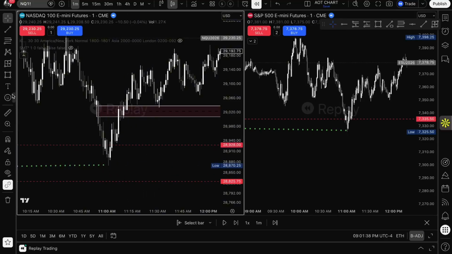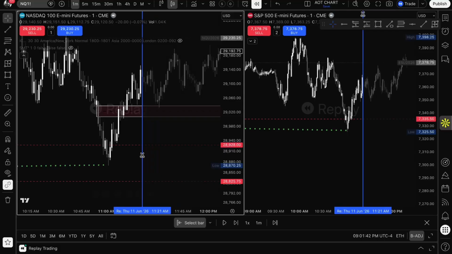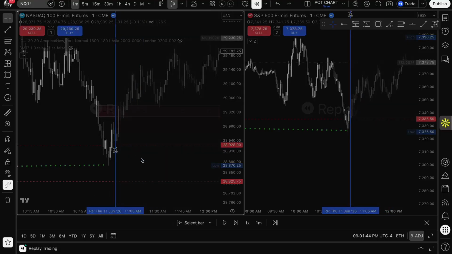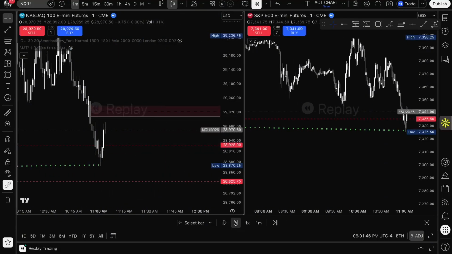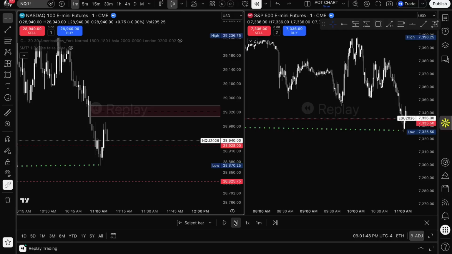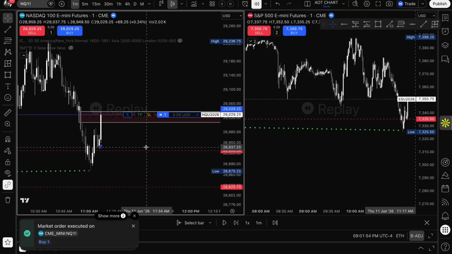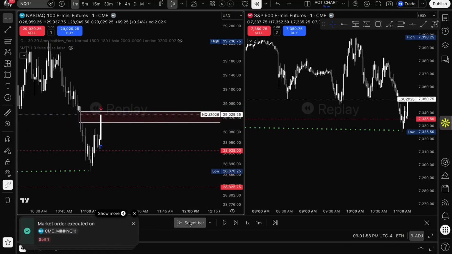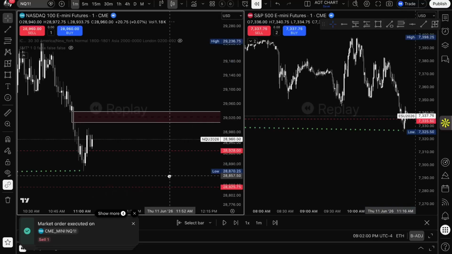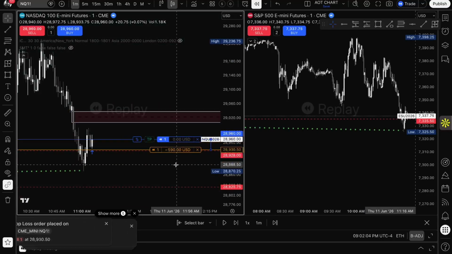Here, let me show you. Some people do that. People that try to catch big moves might do that, but me personally, I don't. Say you wanted to enter right here, stop loss down here.